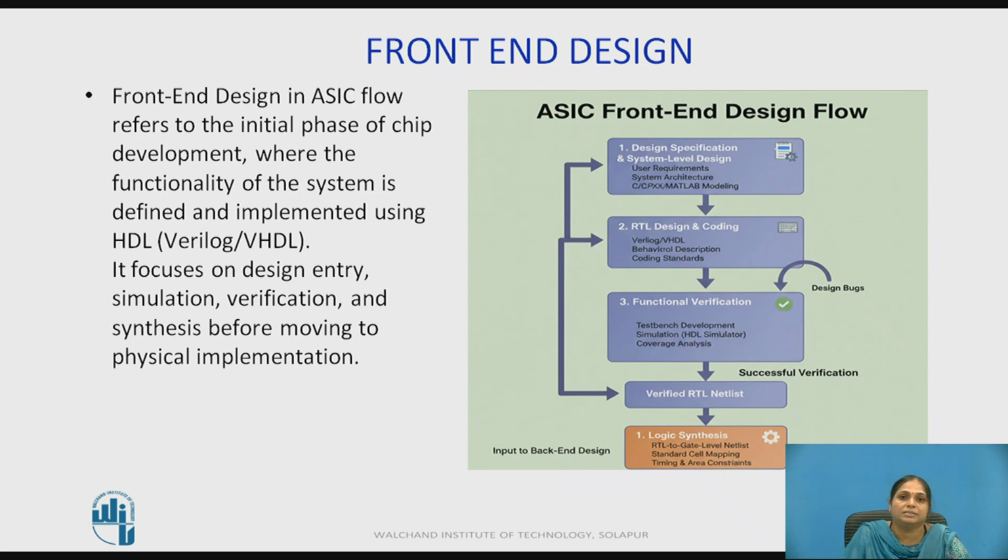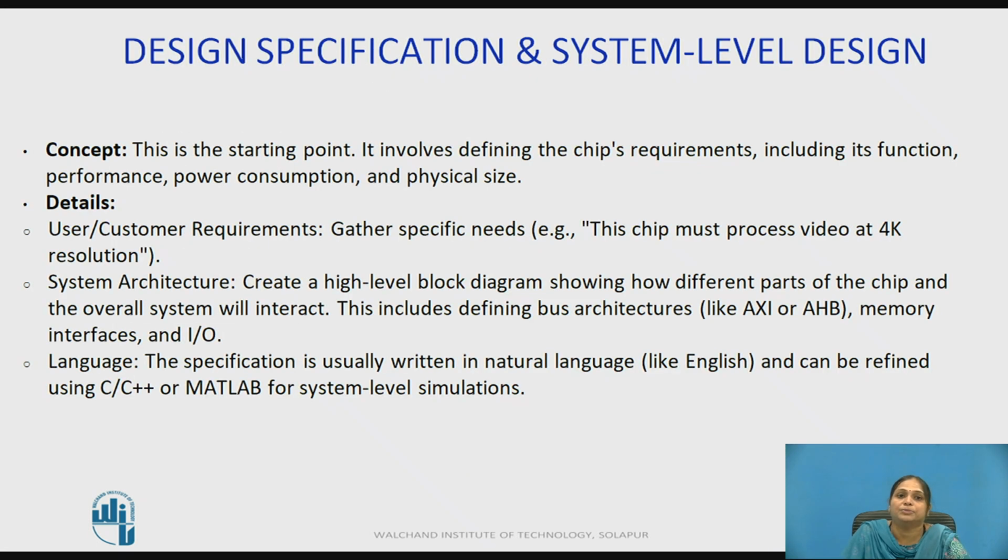In the front end design, a very important initial step is the design specification. Design specification is the starting point. It involves defining the chip requirements, including its functions, performance, power consumption, and physical size. Customer requirements may involve gathering specific needs, like the chip must process video at 4K resolution, and creating a high level block diagram showing how different parts of the chip and overall system will interact.